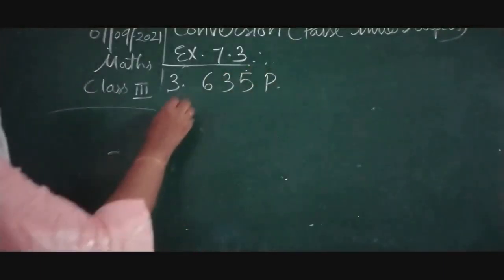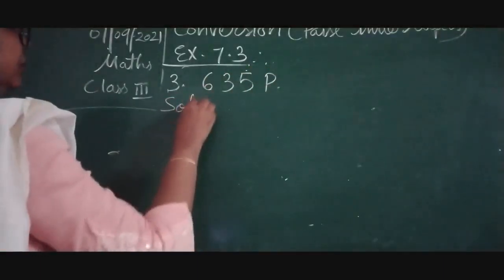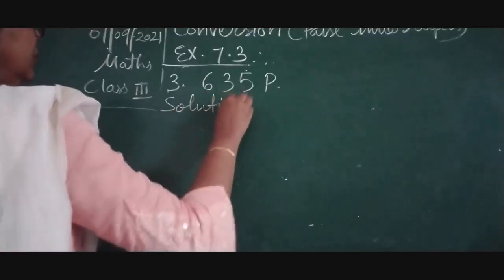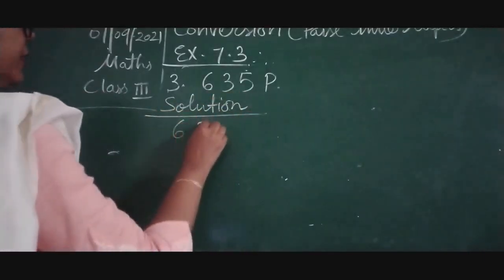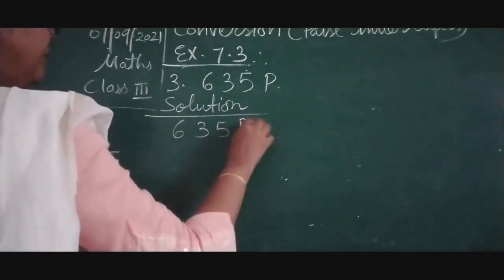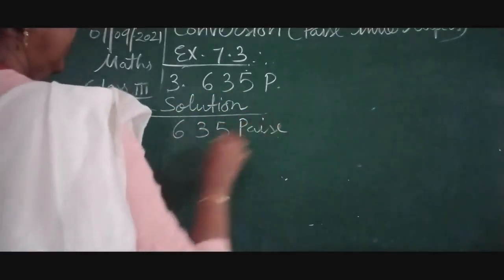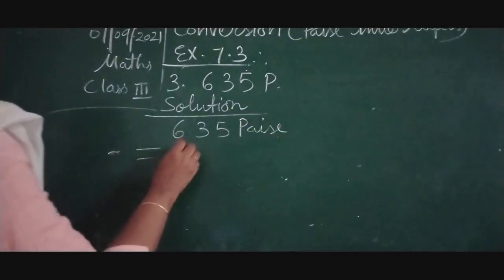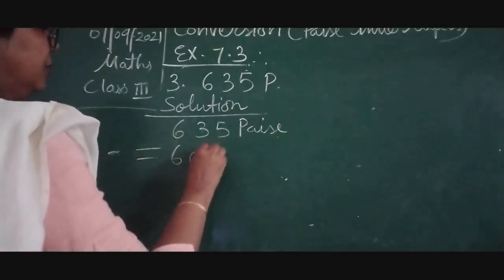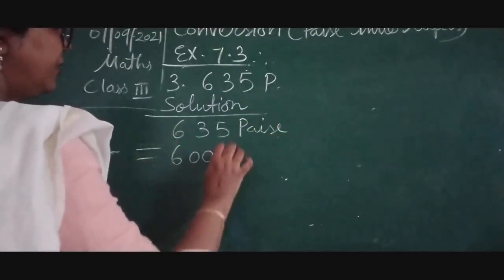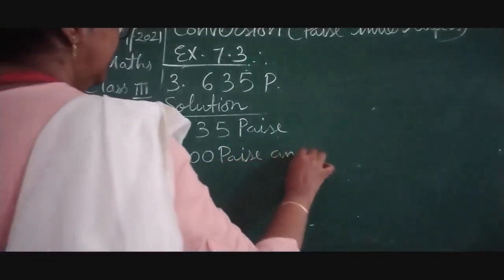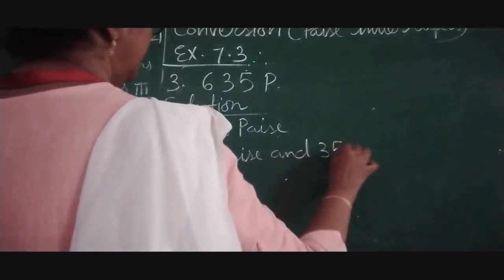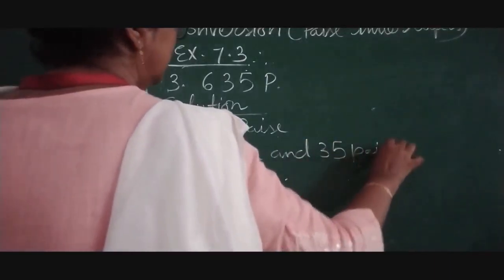Okay, so here we will write the solution. 635 paise equal to 600 paise and 35 paise.